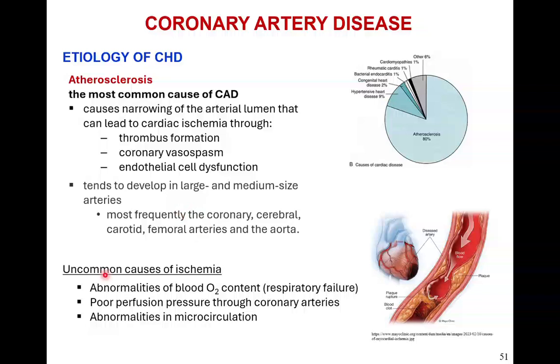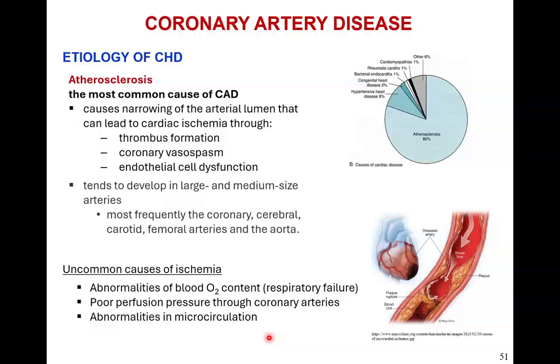There are other uncommon causes of ischemia. I've listed them here. Poor perfusion: there's a problem with microcirculation. What is microcirculation? It's the circulation between the arterioles and the veins, so in the capillary beds. If you've got a problem there, even though the blood flow seems to be normal, the heart will experience ischemia if there's not enough oxygen, if the blood is not properly oxygenated.